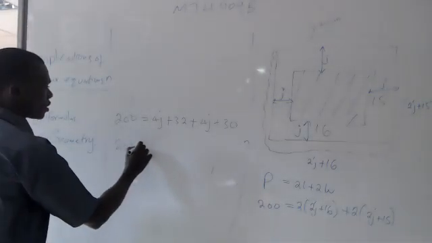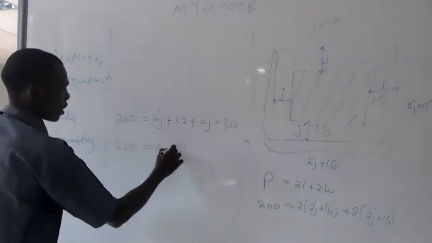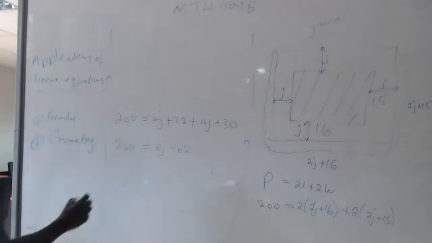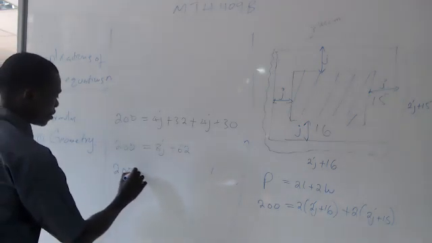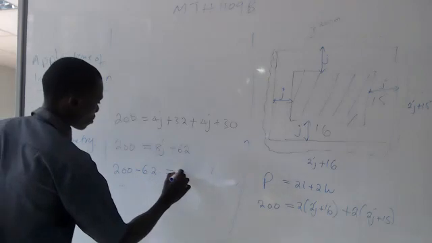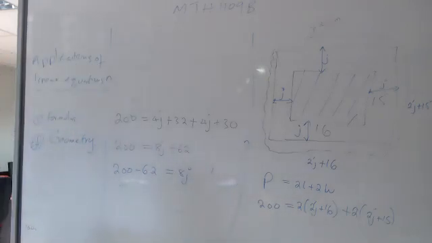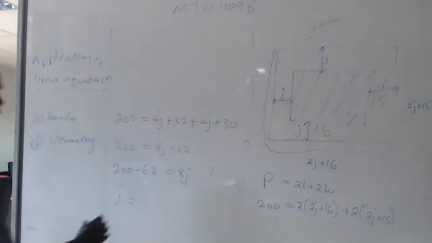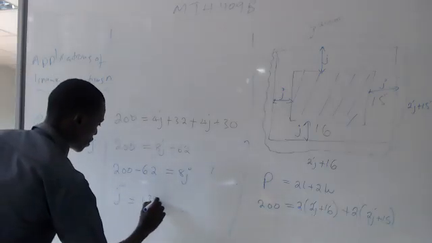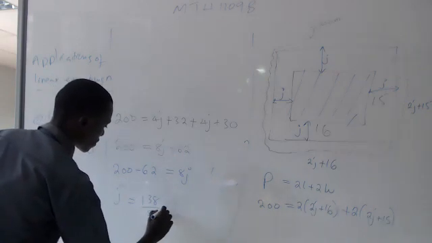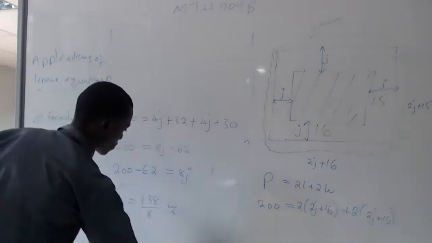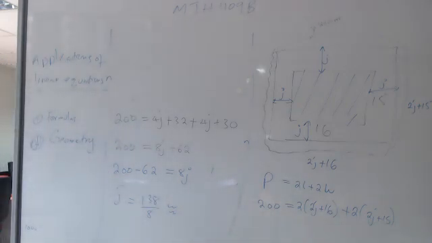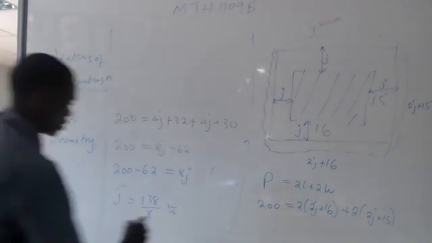So 200 is 8J plus 62. Therefore, 200 minus 62, which is 138, must be 8J. So that means J is going to be 138 divided by 8.